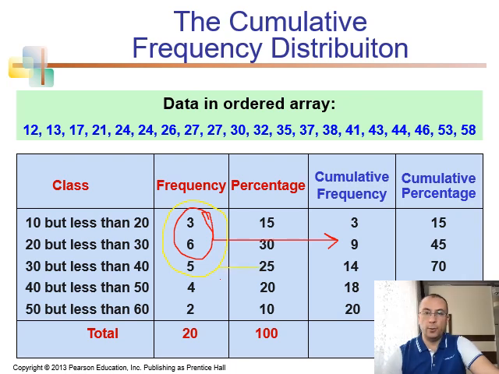If you add them all, this is what we get, 40. And you can keep doing this. You keep adding the numbers, and that will give you the cumulative frequency. At the end, the total number here should be the same as the total number here.